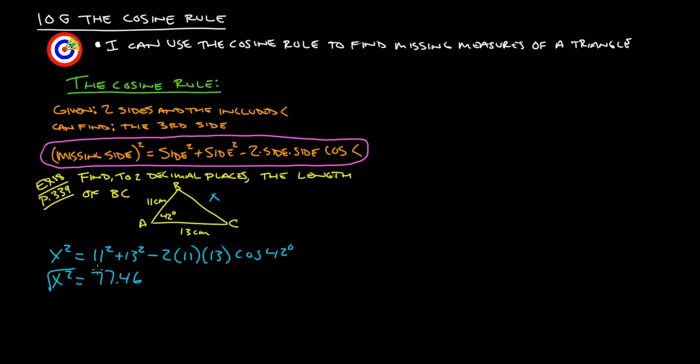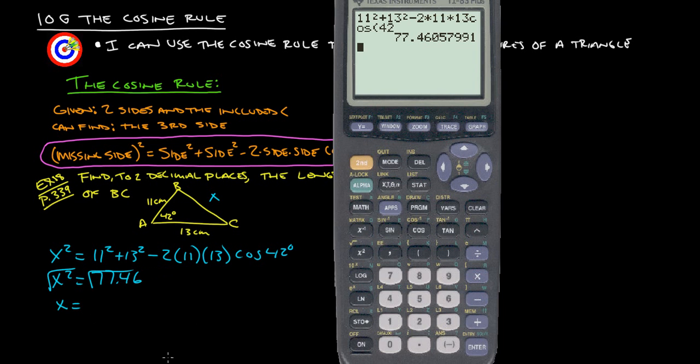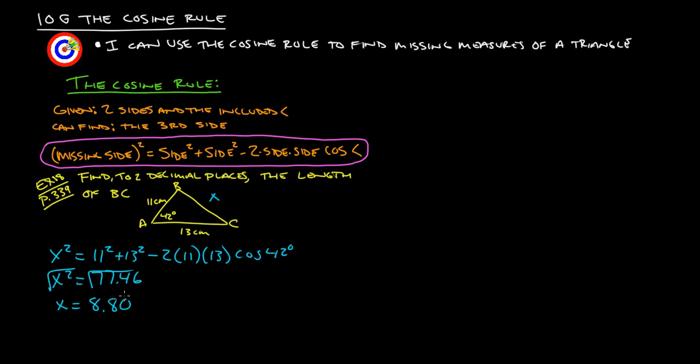To figure out what x is, we take the square root of both sides, and we get that x equals 8.801. So let's call that 8.80 centimeters. So 8.80 is the length of BC. So BC is about 8.8 centimeters.